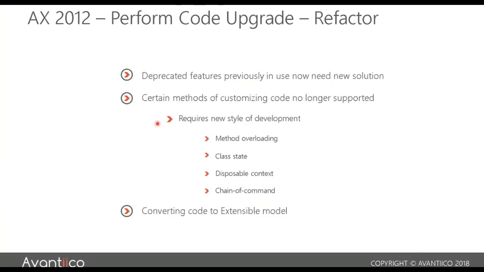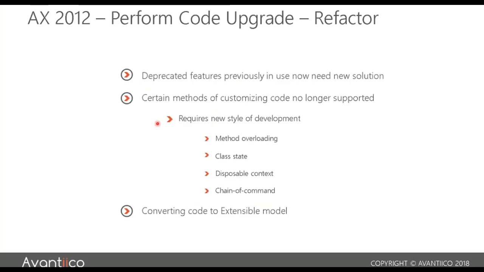So it can't do everything. So some customization is no longer supported. So do expect to convert your code. There are some tools available, inline delegates, chain of command, and this area is constantly evolving from Microsoft.